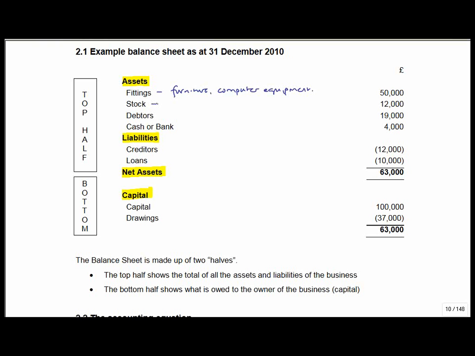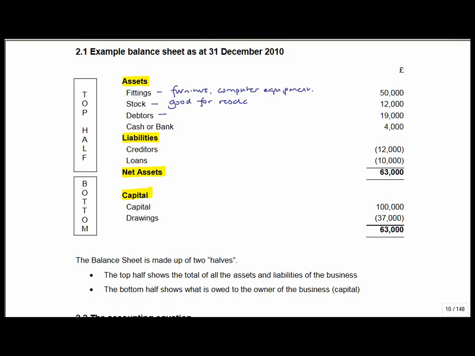Stock. So stock are goods that are held for resale. So if we think about a retail business, a clothing shop, for example, the shop has to buy in clothes to put in its shop, and that's what's called stock. The unsold clothes will be the business's stock.